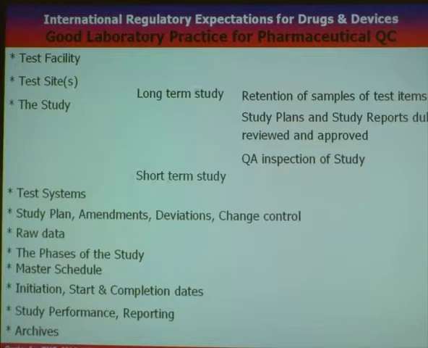In the long-term study, retention of samples of test items is compulsory. Every study plan should be unique and the study reports duly reviewed and approved. The study plan is a study protocol that has to be pre-approved before the work can commence. And finally, there is a QA inspection of the study from start to finish.